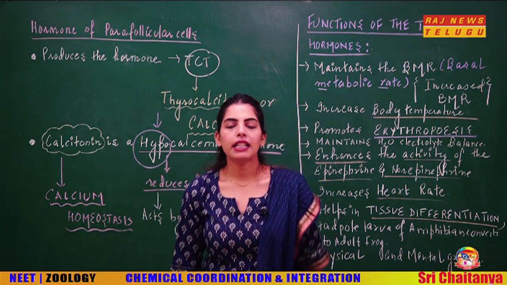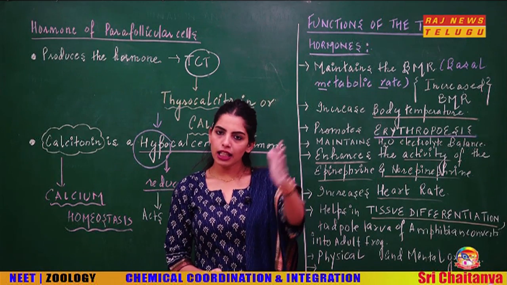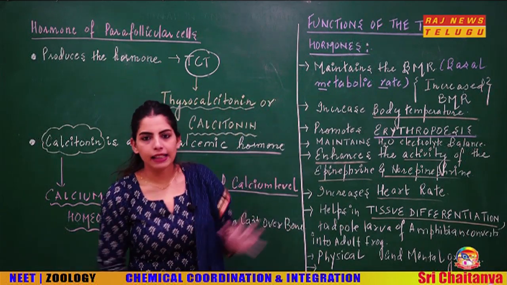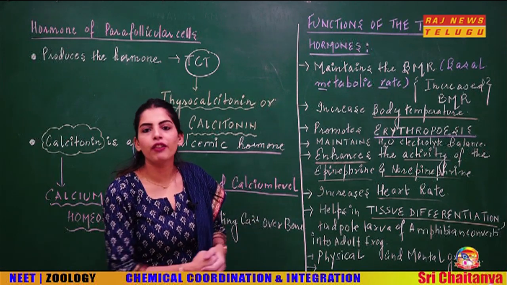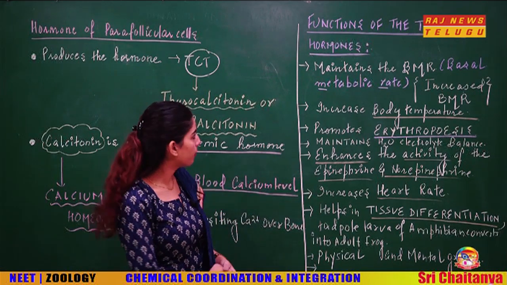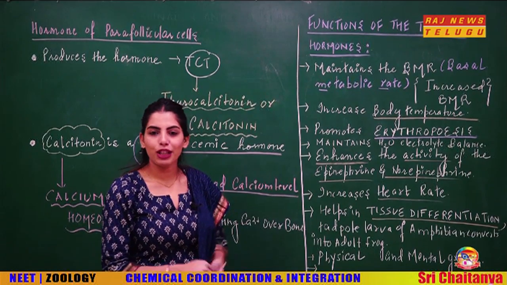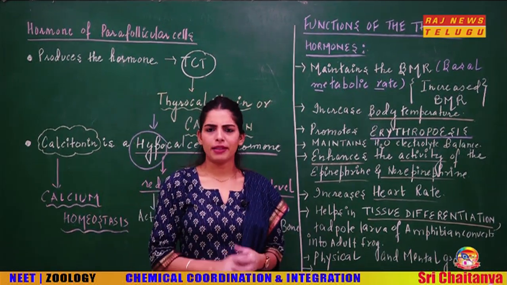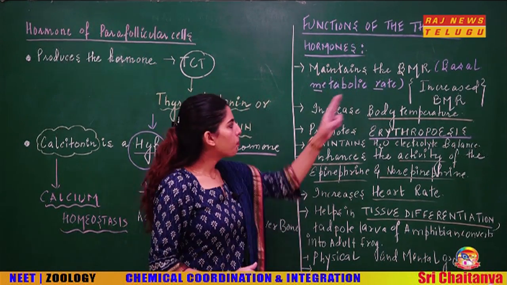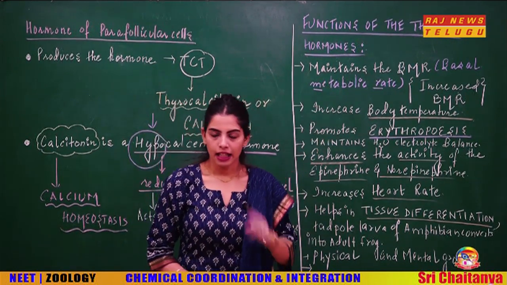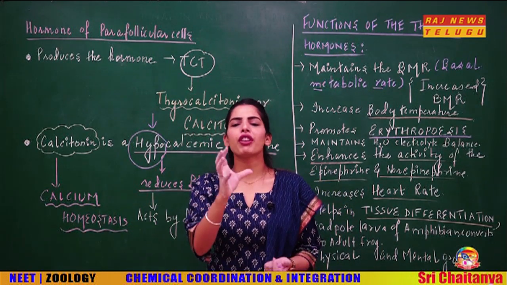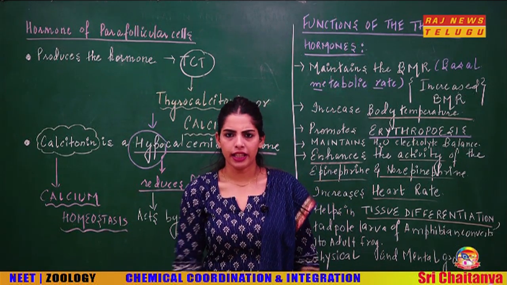Now we are going to see the different functions of T3 and T4. I've written a lot of points, but don't panic, it's very easy to remember the different functions of the thyroid hormones. First of all, we must have come across the term BMR a lot of times. BMR stands for basal metabolic rate. How do you define this basal metabolic rate, students?